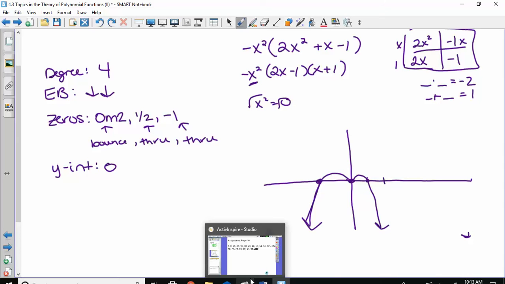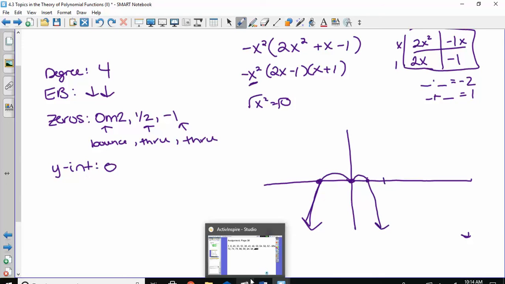How close are we? Can't really see the bounce. Yeah, this one isn't as obvious as some of them when we go to check it.